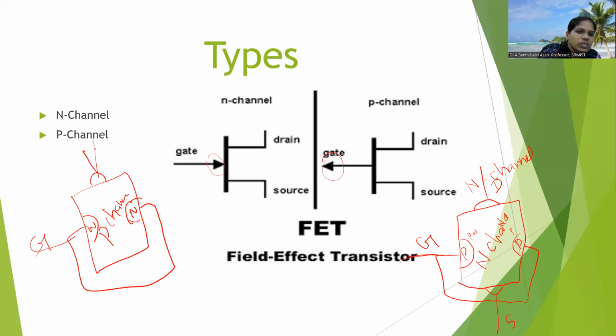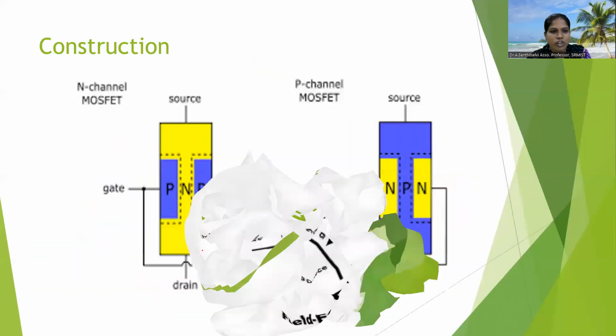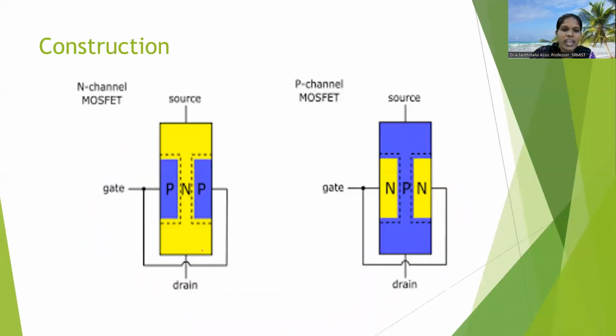Then here the drain and here the source. This is the construction of a field effect transistor. In a P channel, in a P-type material we diffuse the N-type material, and those N-type regions are joined together to take the gate terminal.